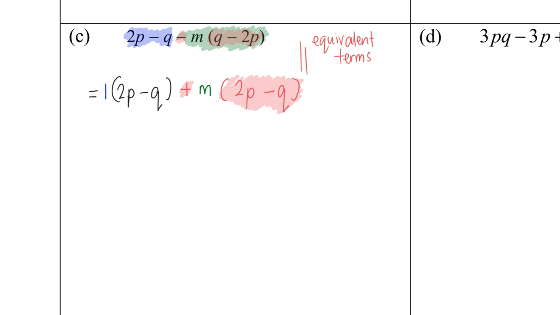Okay? And once I have that, it becomes pretty straightforward already. We are going to apply what we have learned previously in this video. 2p minus q is the common factor. I'm going to take them out.